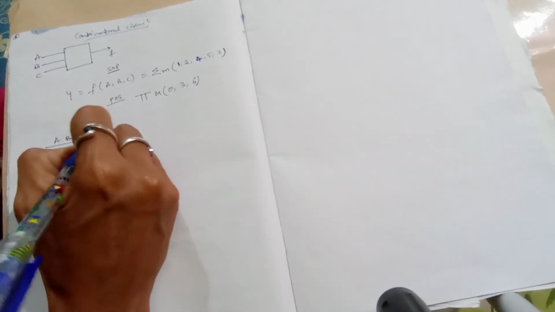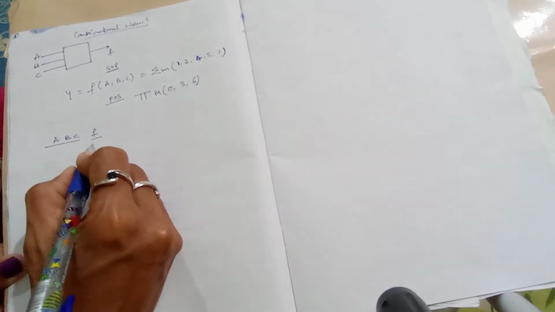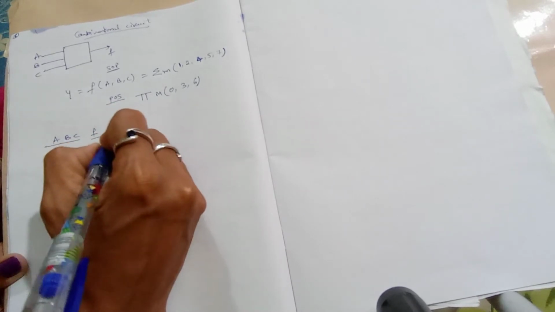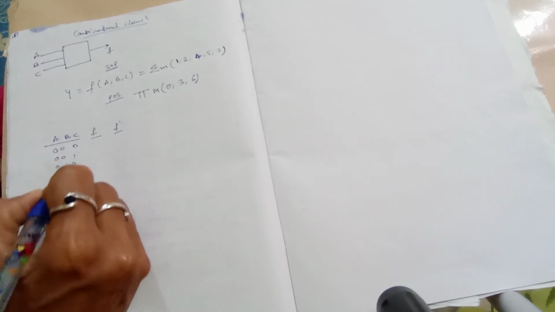For example, if the truth table is given as A, B, C, F is said to be SOP, F bar is POS. 0, 1, 2, 3, 4, 5, 6, 7.